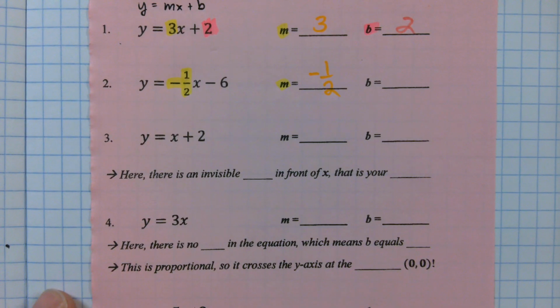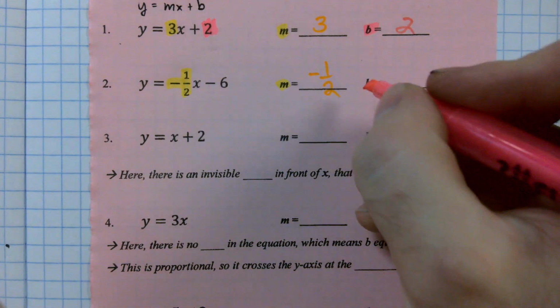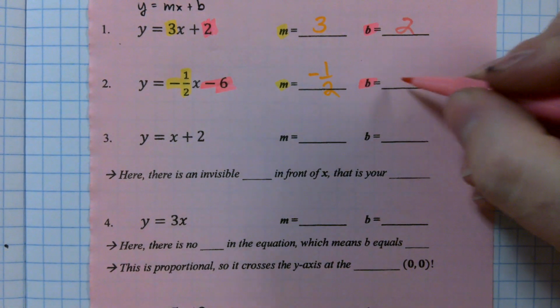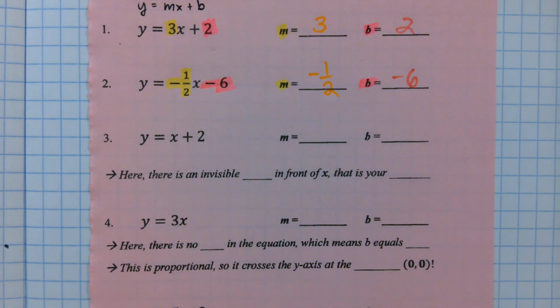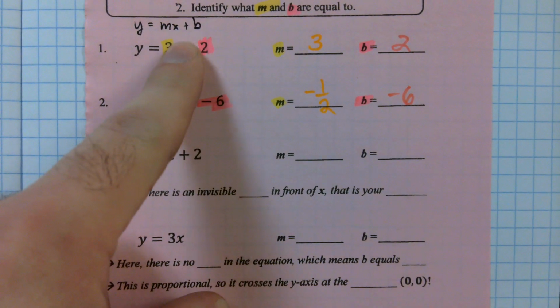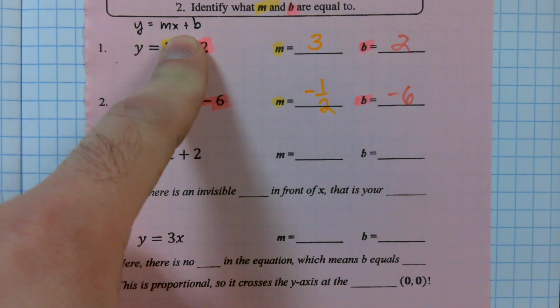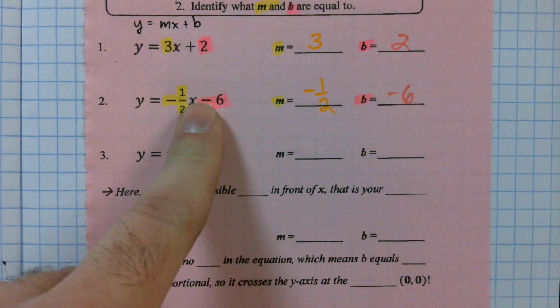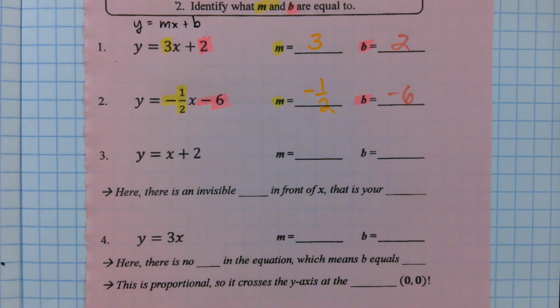Easy enough. What's my b? Negative 6. Good, I'm glad you said negative 6. In our slope-intercept form, the default b is positive. That's why it says plus b. But if I don't see a plus and I see a minus, that means we're adding a negative 6.